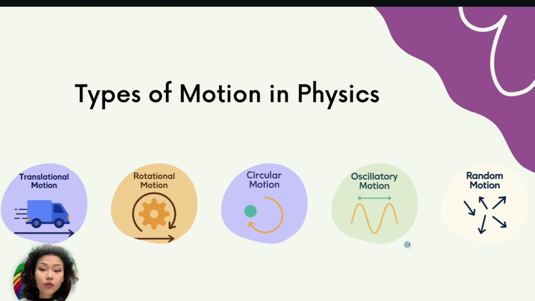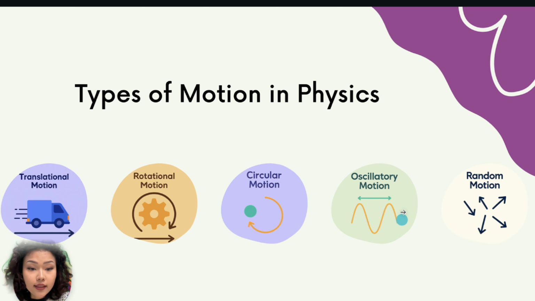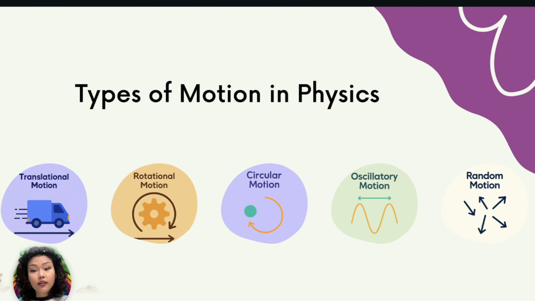Also, we can include sound waves as an example of oscillatory motion. Then random motion, which is a chaotic motion of an object. In atomic physics, we have molecules and atoms that are moving chaotically in the air, for example, or other objects.